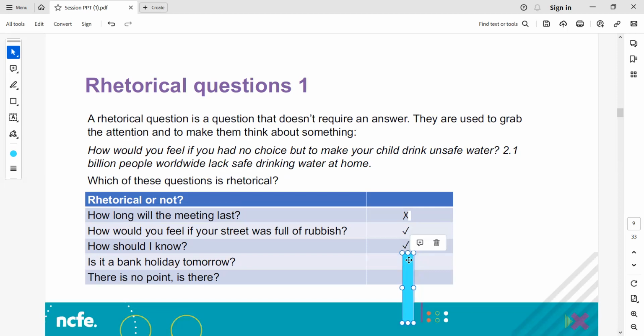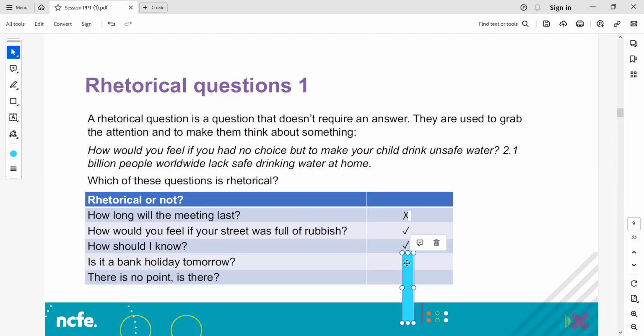Someone's asked someone a question. How should I know? They don't want someone to explain, well, actually, you should know because you went to that meeting 3 days ago and I expect you to come and tell me. It's unlikely the person asking the question wants that kind of answer. It's rhetorical. They're showing that they're not happy by being asked the question.